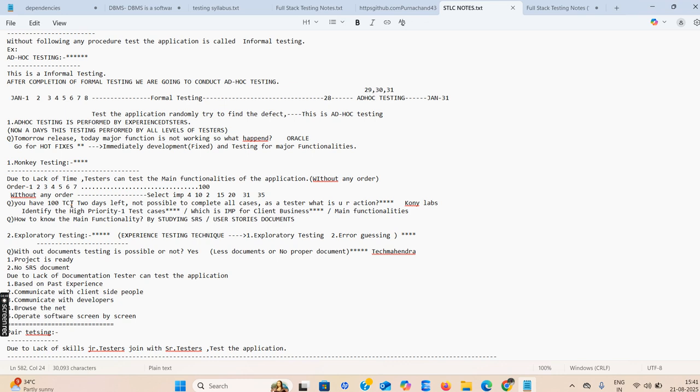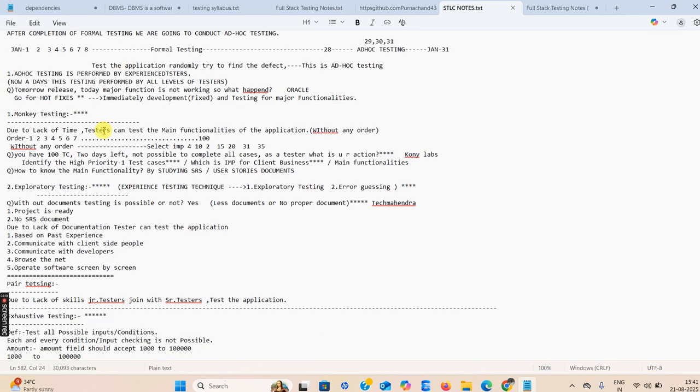Next, is testing without documents possible or not? Yes, testing is possible without documents, when there are few documents or no proper documents. For example, the project is ready but there is no SRS, user story, or user document. Due to lack of documentation, the tester can still test the application.